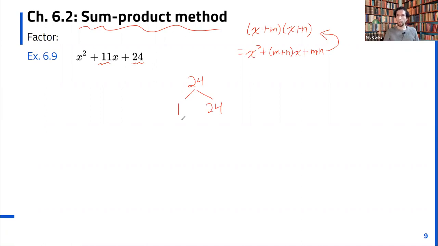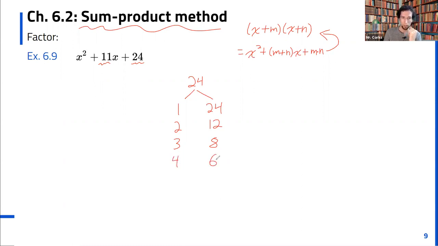Let's work down, sort of do these in order. What would be the next one after 24? 2 and 12. Yeah. And then the next one, we have 3 and 8, which you guys mentioned. And any more? 4 and 6.